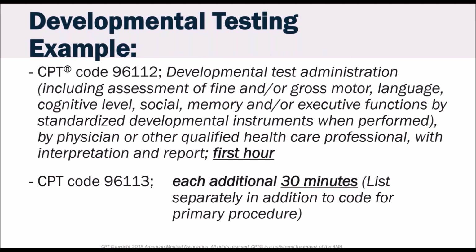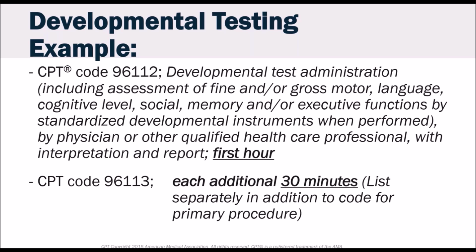So this brings us to our developmental testing codes. Code 96112, developmental test administration. This is including assessment of fine and or gross motor, language, cognitive level, social memory, or executive functioning using a standardized developmental instrument.